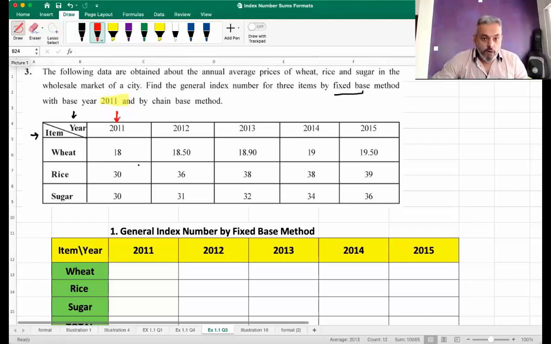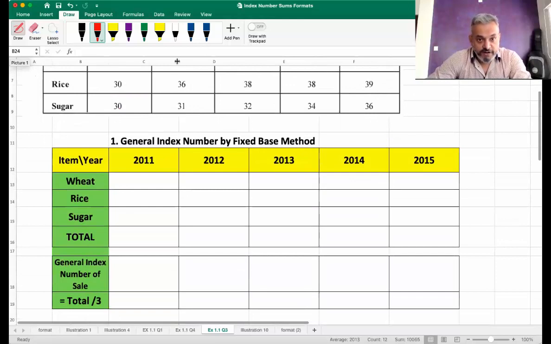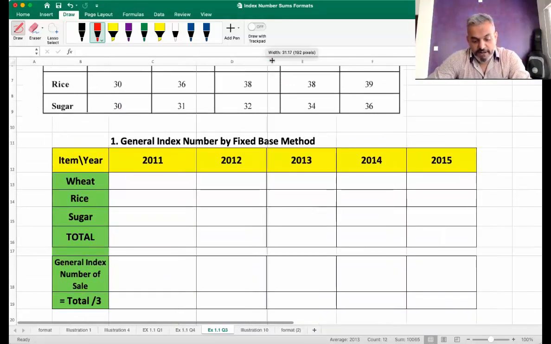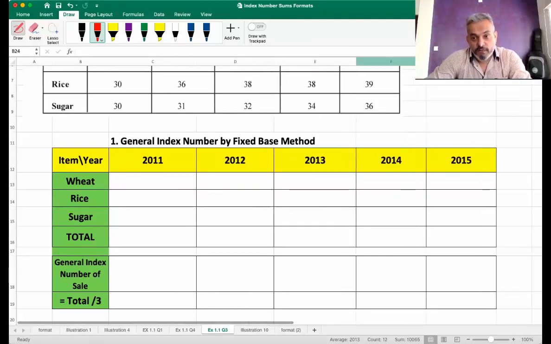So now all these will be the base year prices for wheat, for rice and for sugar. So first we will use fixed base method. So now you please make a format like this what I have made. Leave sufficient lines, okay, because everywhere you have to show the calculation. If you do direct, you will lose marks in exam.